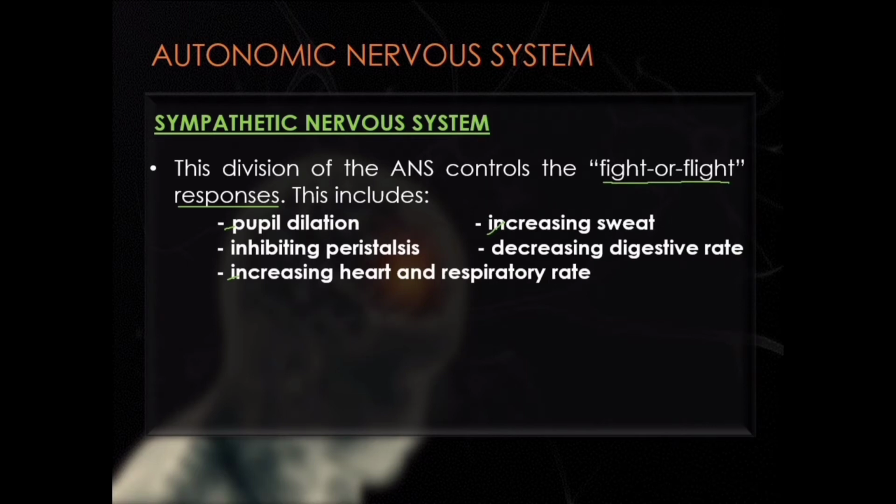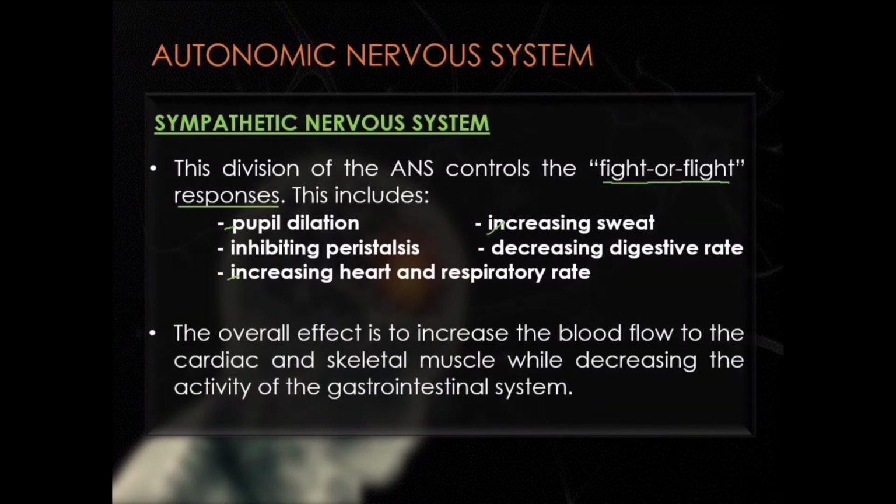And so that decreases our digestive rate, and at the same time, it inhibits peristalsis, which is the movement of our food products through our small intestine for the process of absorption. So when we begin to run, we don't worry about digestion or peristalsis. The sympathetic nervous system shuts down this process.